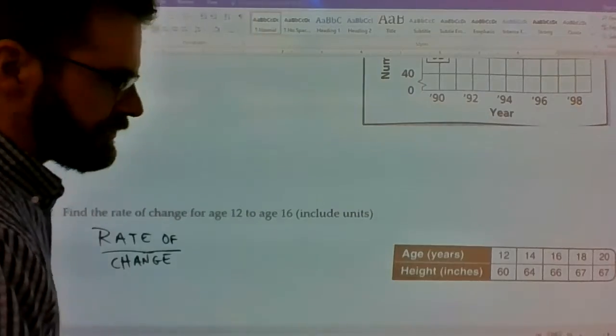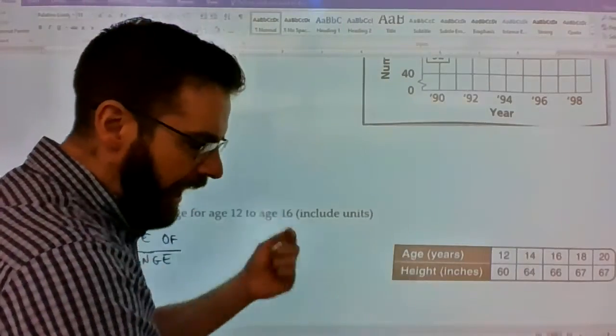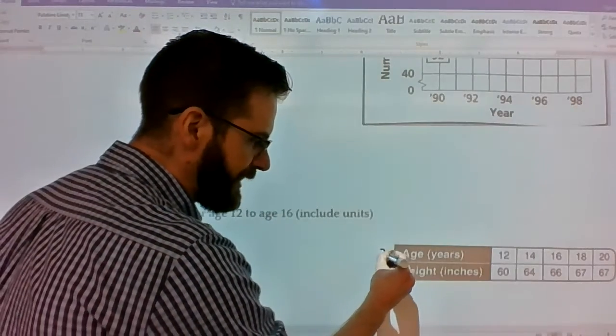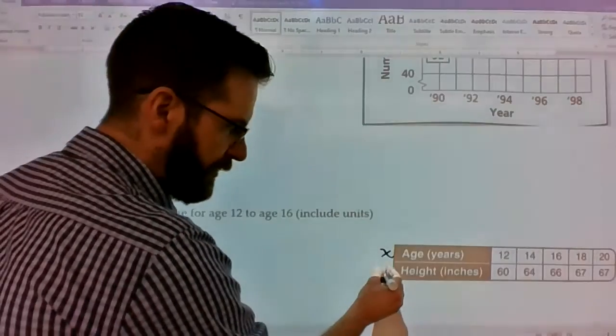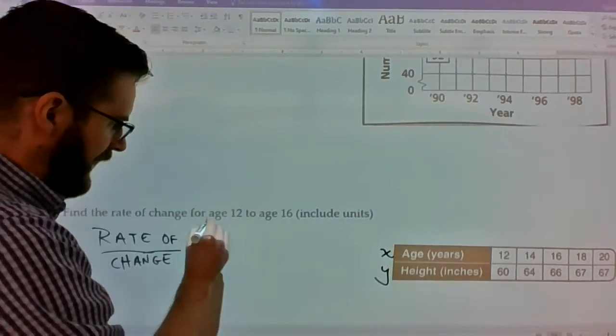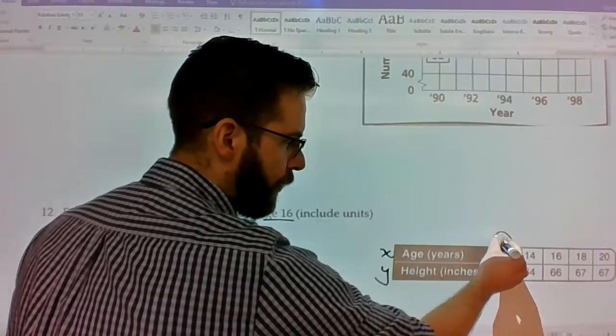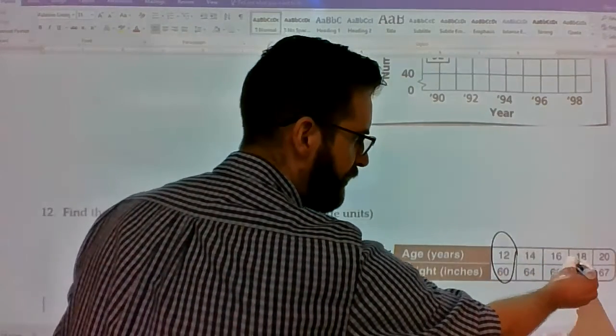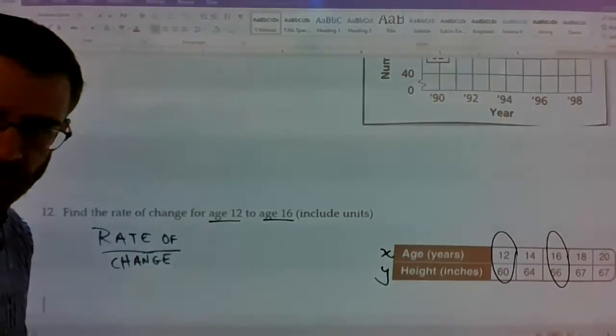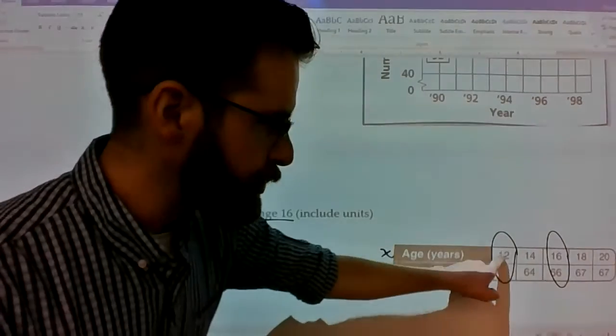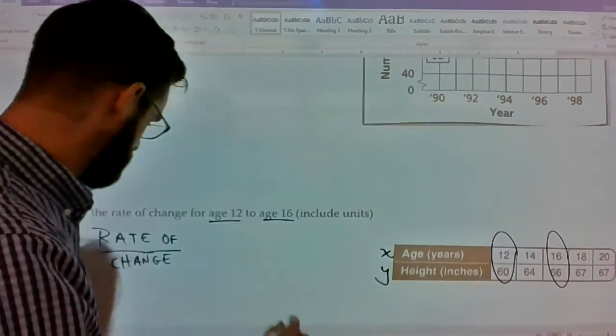Okay, so if you're dealing with time, it's almost always going to be the x value. The other part is going to be the y value. Age 12 to age 16 would yield this ordered pair and this ordered pair. So really we've got the ordered pair 12, 60.